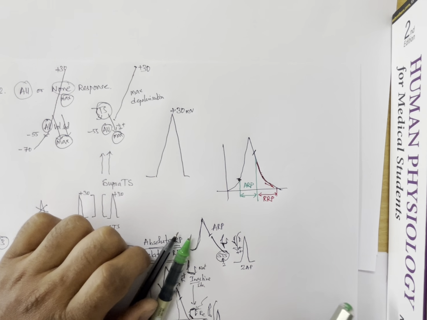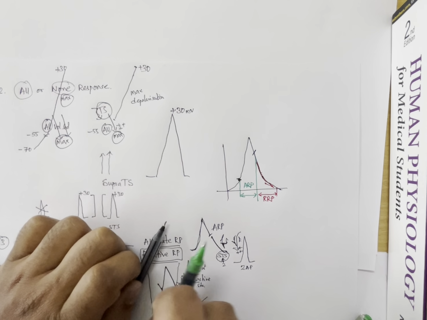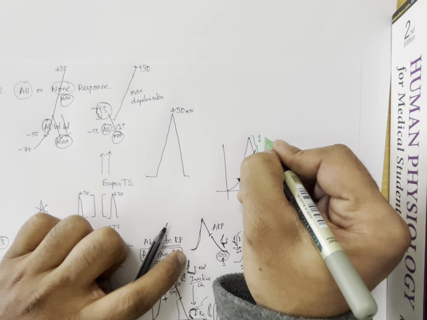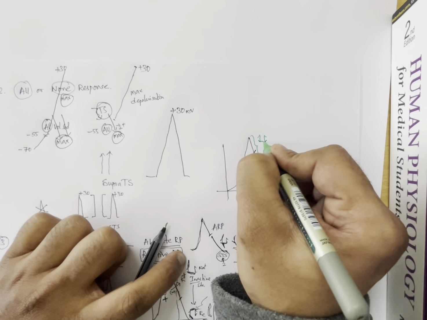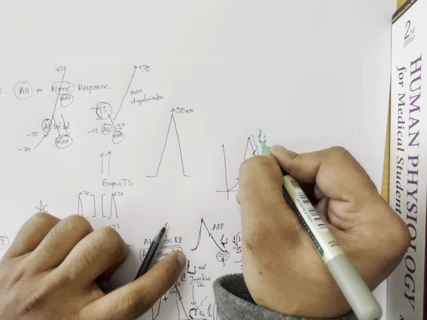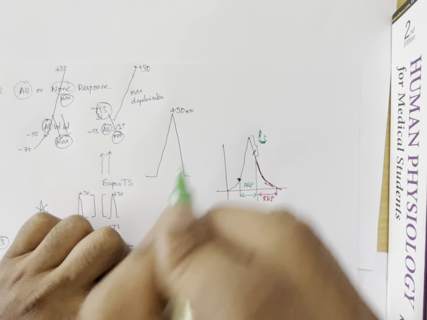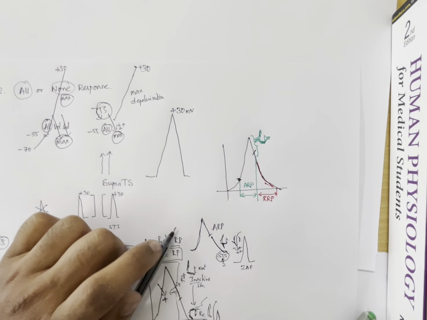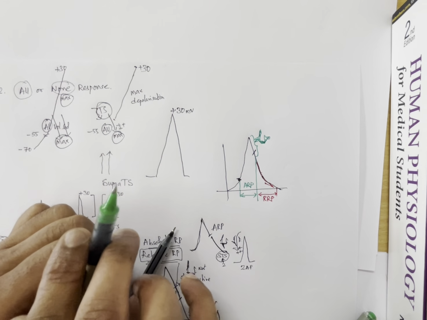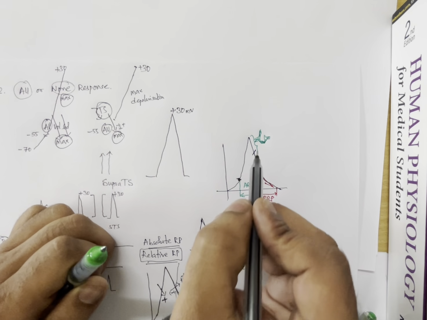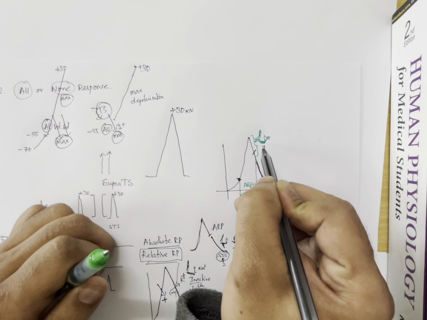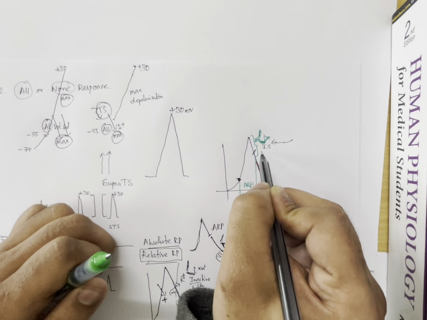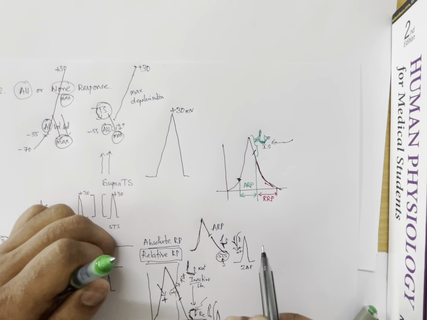So why is this portion said to be the absolute refractory period? Because the voltage gated sodium ion channels are in the inactive state. Whatever may be the strength of the stimulus, an inactive state sodium channel cannot be made open, cannot be activated.